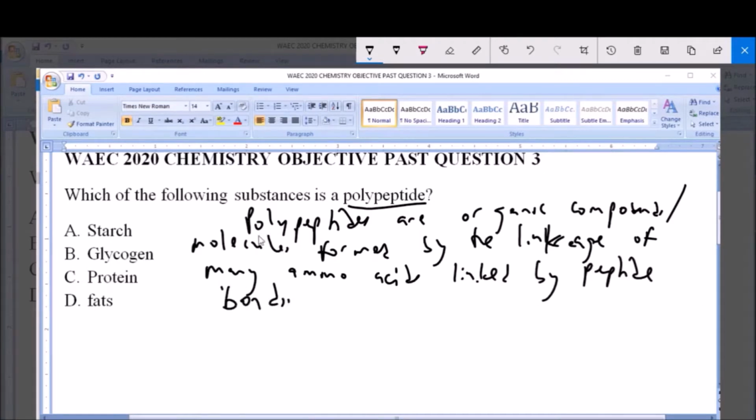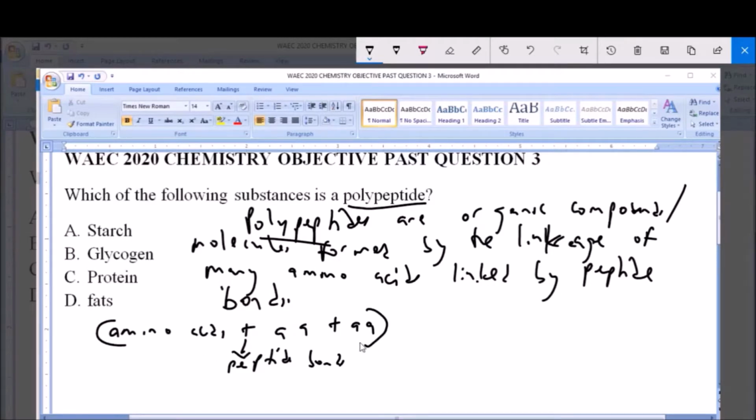As far as polypeptides are concerned, you have amino acids joined together by peptide bonds. This long chain of amino acids linked together by peptide bonds, when you have many of them, you have what is called a polypeptide.